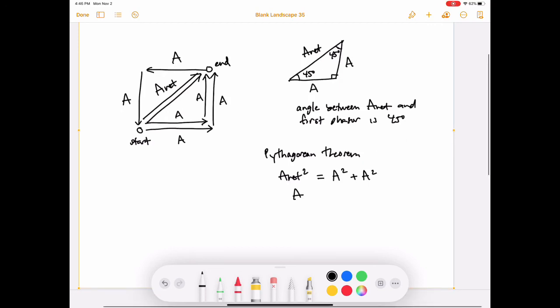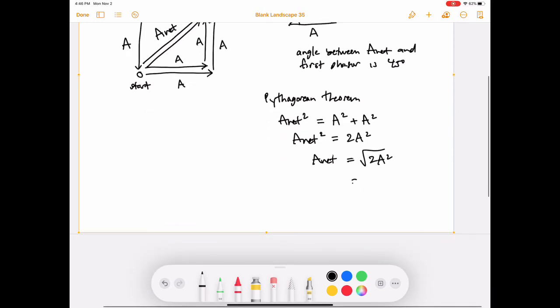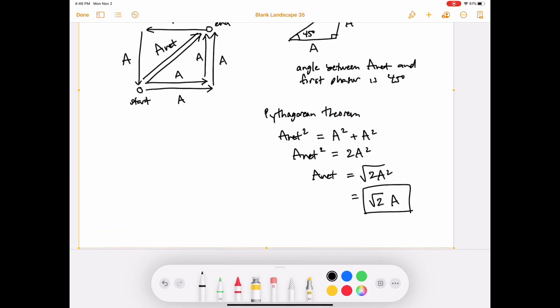So A net squared is equal to 2 times A squared. So A net is the square root of 2 times A squared. The square root of A squared is just A, so this is root 2 times A. Okay? That is the total amplitude when we add these waves together. It's root 2 times A.